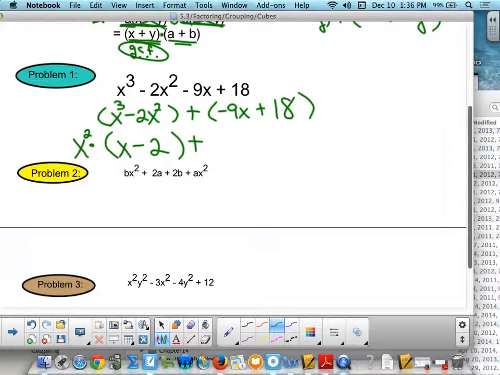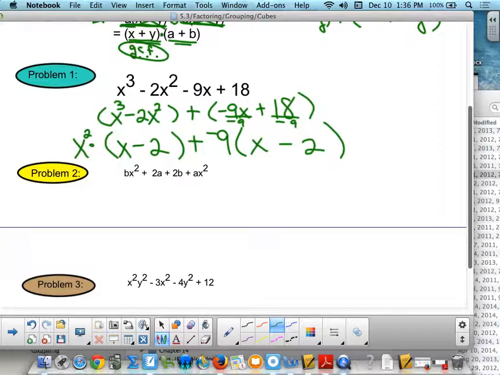Did you hear that? Don't take out 9. Negative 9 comes out. And when you do it, just divide, but be careful here because you're dividing by negative 9. So it's minus 2. Did I confuse you or are you okay?